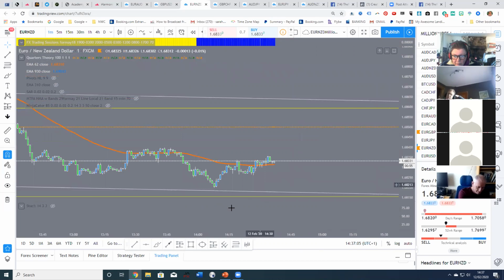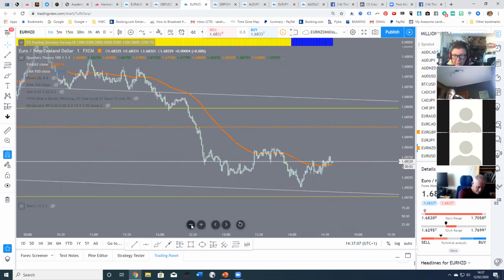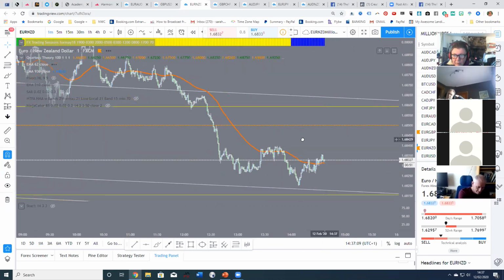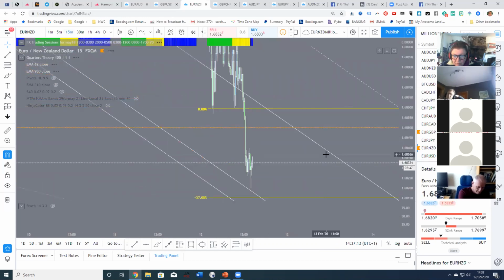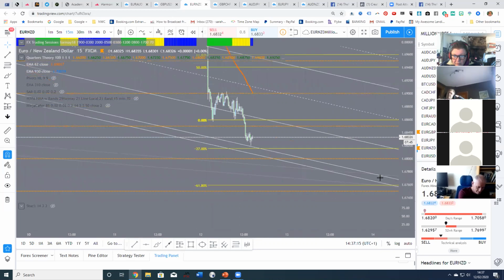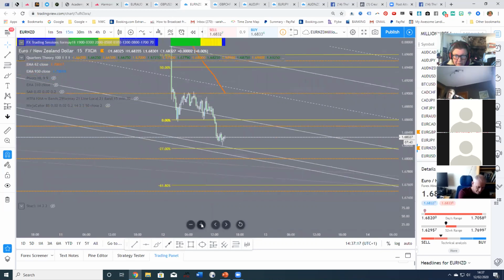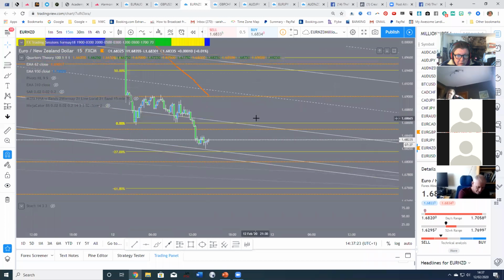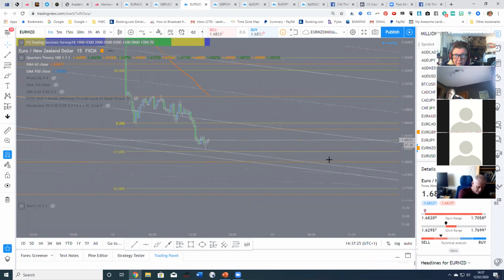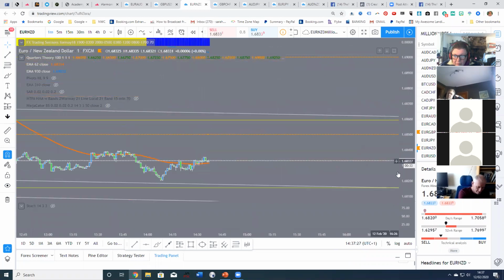So we want a new trend to be formed. Perhaps I better draw the trend for you on the 15-minute. And we haven't got much of a trend. I can't really draw much of a trend line on the 15-minute. Let's have a look at the 1 minute.